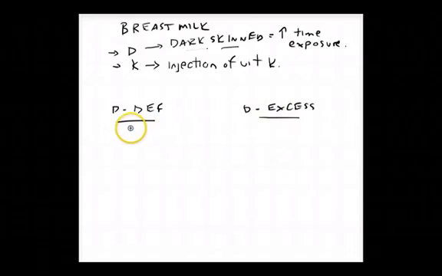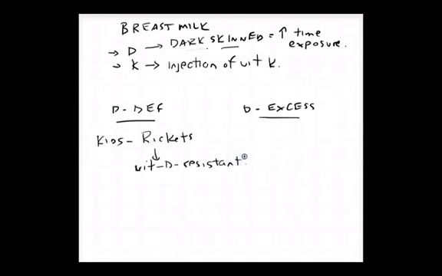Now, when there's a deficiency, it depends if we're dealing with children or adults. So if we're talking about children, we're going to mainly see this in the form of rickets. And what we're seeing is a vitamin D resistant rickets. And in vitamin D resistant rickets, there's a defect in the renal reabsorption of PO4.